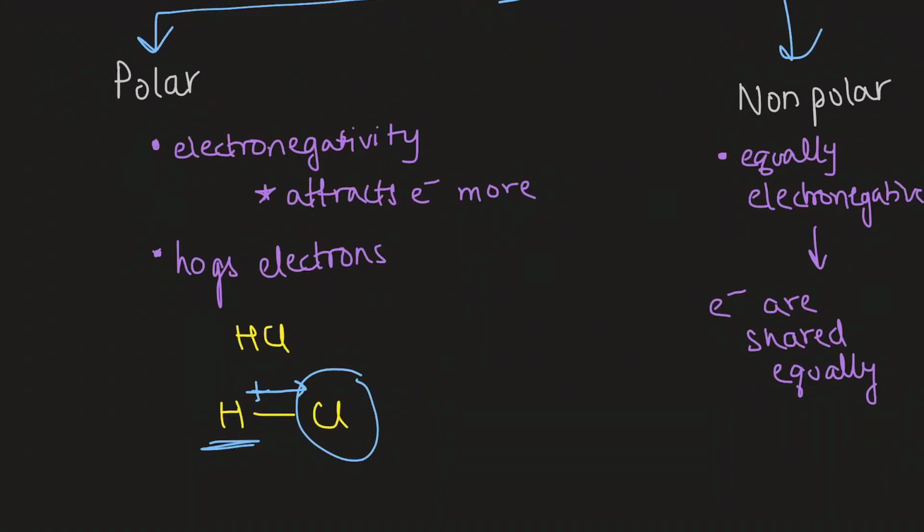And this creates a polar molecule, like I was mentioning before. Now, for non-polar molecules, we've got, for example, methane, which is CH4. Carbon and hydrogen are equally electronegative, so electrons are equally shared between them.